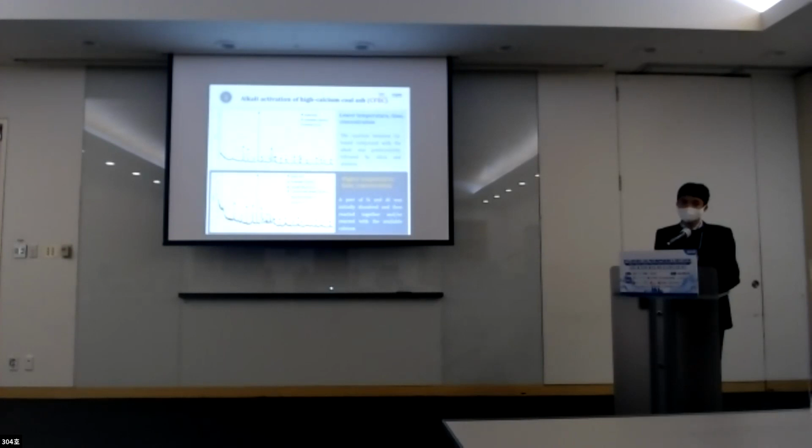Second, because this sample has a high content of calcium, this calcium reduces the efficiency of alkali activation. So by utilizing carbon mineralization, we remove calcium. That's why we can increase the efficiency of alkali activation. And the third advantage is that this carbonation process can recycle the alkali material, so it reduces the process.